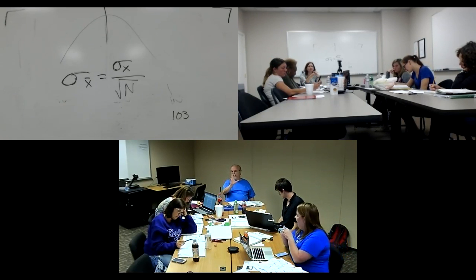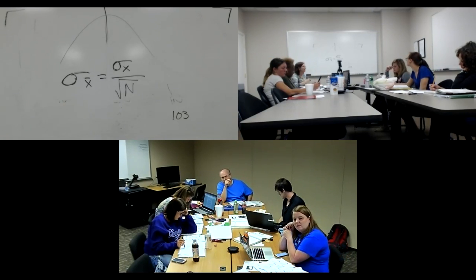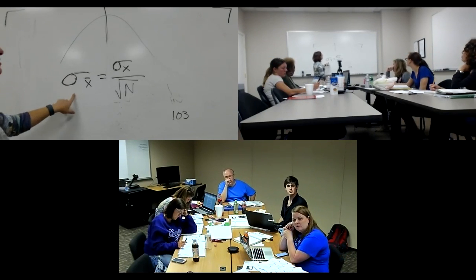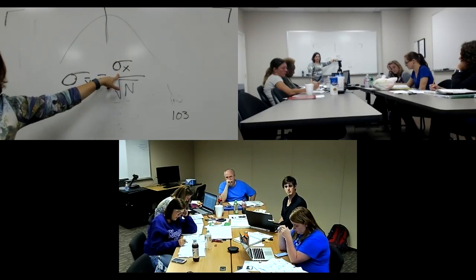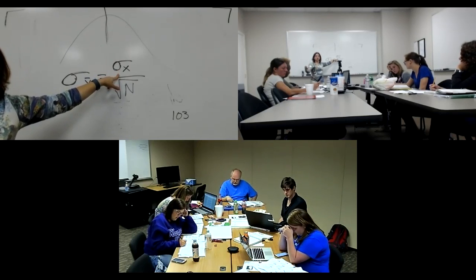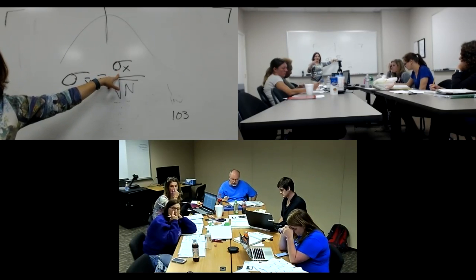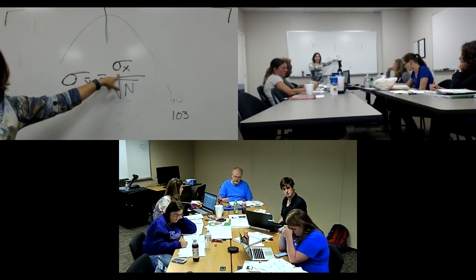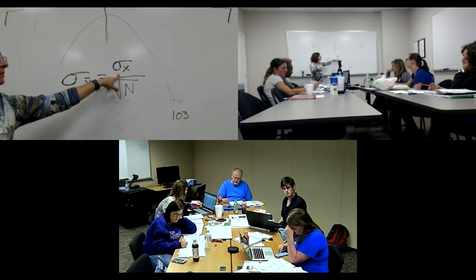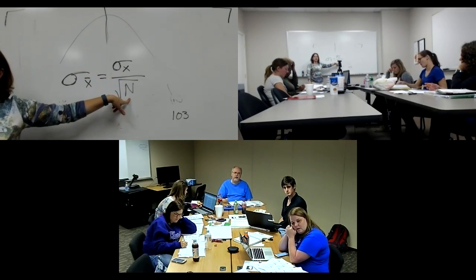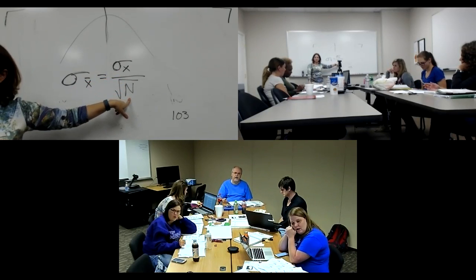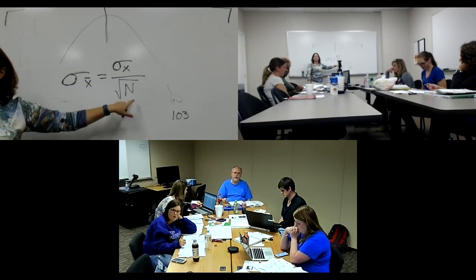And the only difference is that one little line over the x, right? Right. The standard error of the mean is going to be the standard deviation of the population, which is assumed to be equivalent to that of our sampling distribution. And your n is going to be the total number of scores.